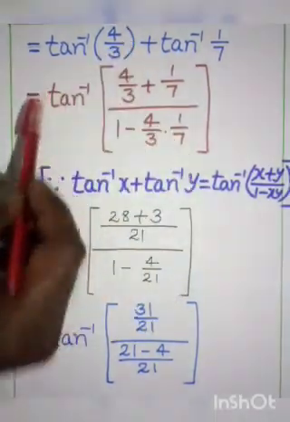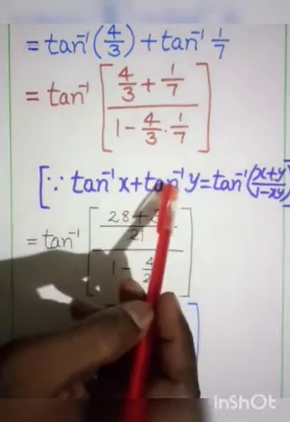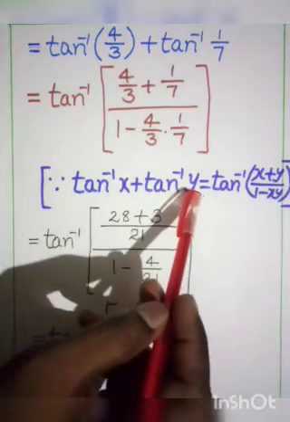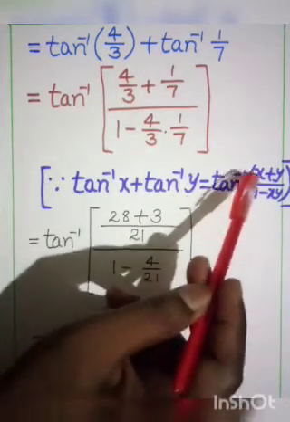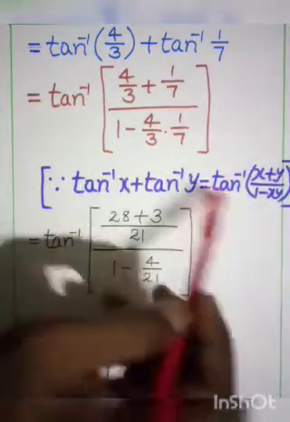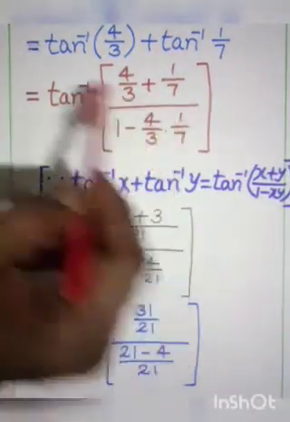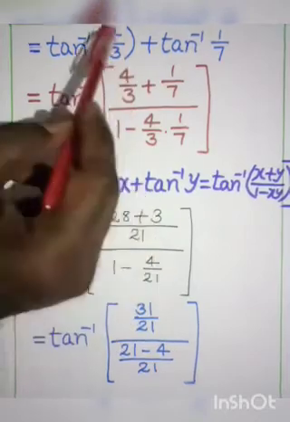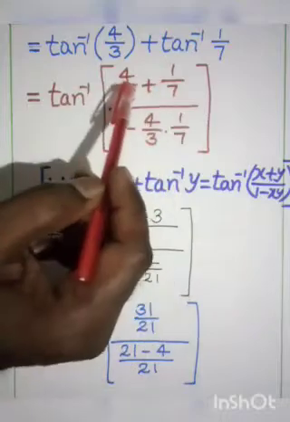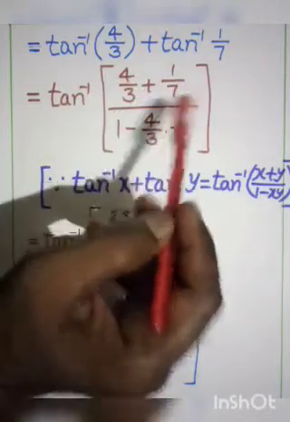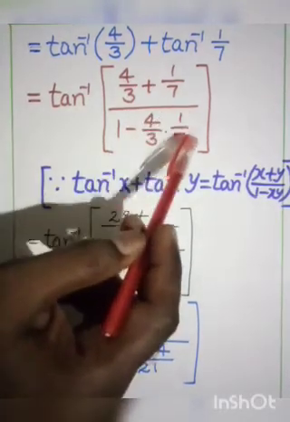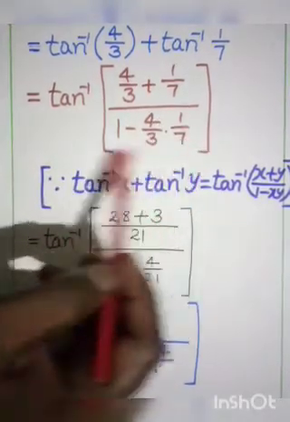We use the formula tan inverse x plus tan inverse y is equal to tan inverse of x plus y by 1 minus xy. Here x means 4 by 3 and y means 1 by 7. So tan inverse of 4 by 3 plus 1 by 7 whole divided by 1 minus 4 by 3 into 1 by 7. Understood this step, my dear children?